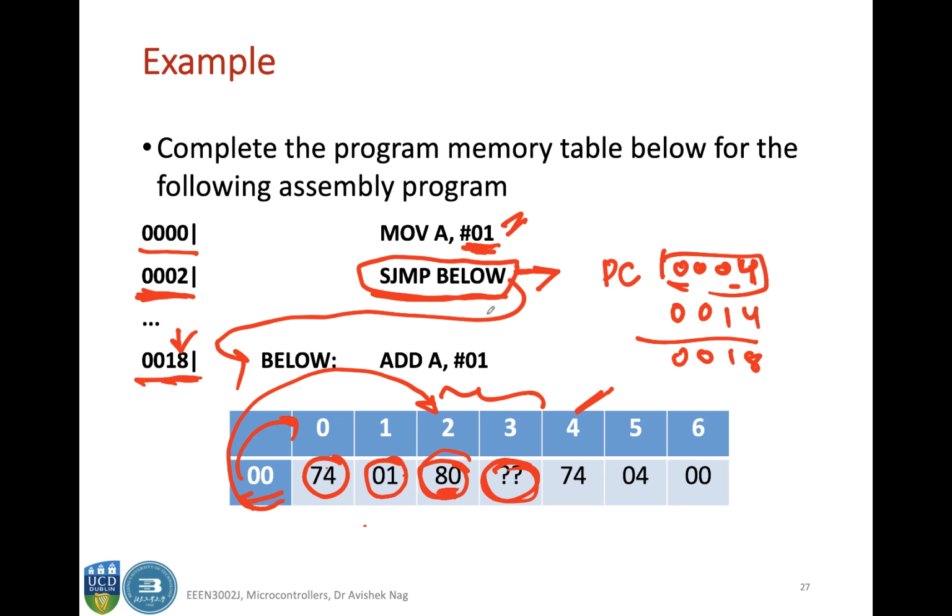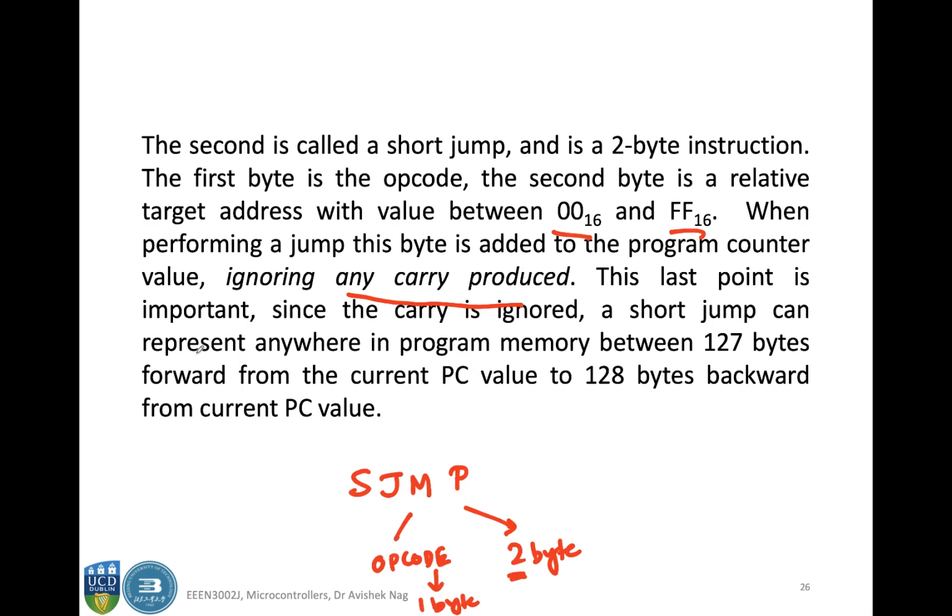So the immediate next byte will be basically 14. If it is 14, then that is the number which will be added to the program counter, ignoring any carry, of course. That will help you to jump to this line 0018. So that is what was said.